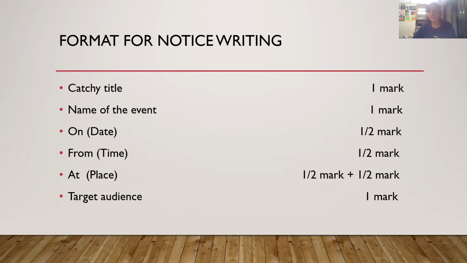The catchy title carries one whole mark. If your title is not interesting, no one will be bothered to see that notice. So if you have a good, catchy and amazing title, then everyone is attracted towards that notice.